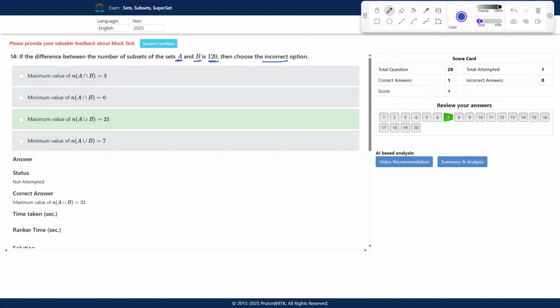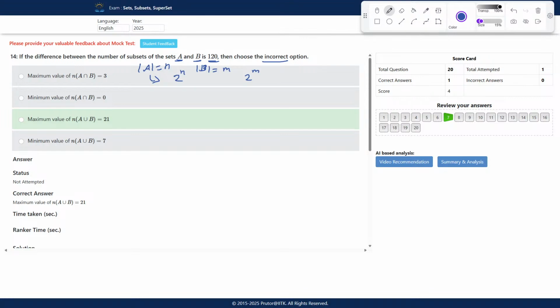Very simple, straightforward. Suppose the number of elements in set A is n and the number of elements in set B is m. So the total number of subsets for set A is going to be 2 raised to power n, and for set B 2 raised to power m. Clear?